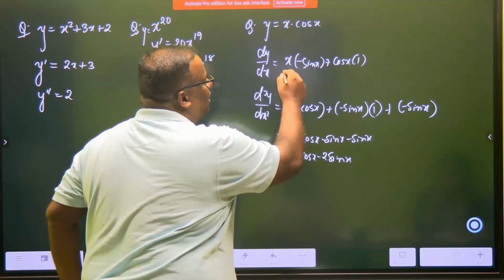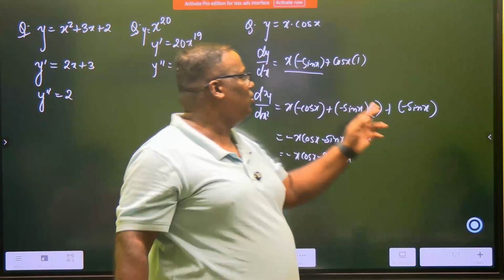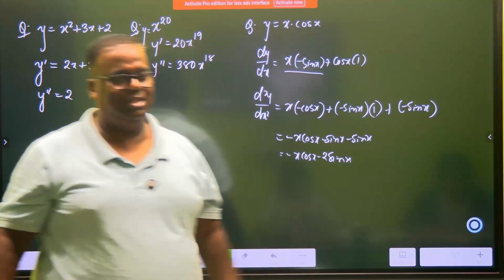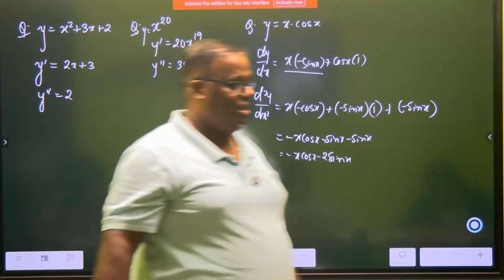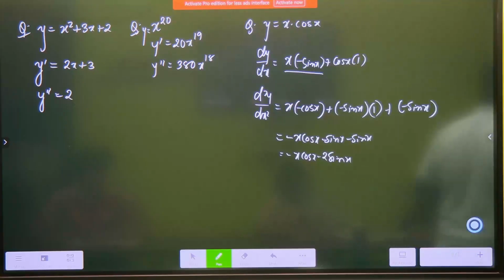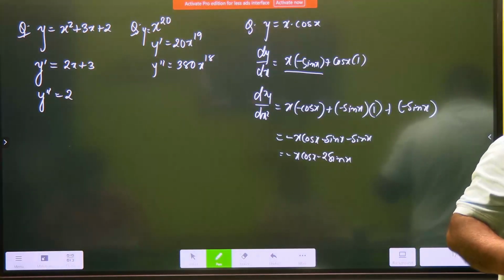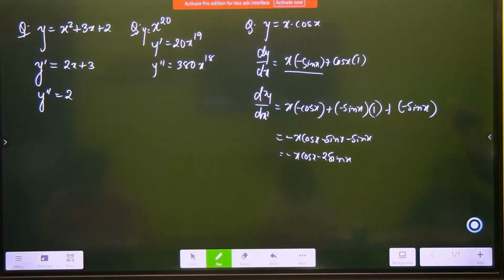This part is product, na? And then cos x differentiation is negative sine x. If you still want me to break it up, I'll break it up. Is this clear, or you want me to break up further? Are you okay with this?